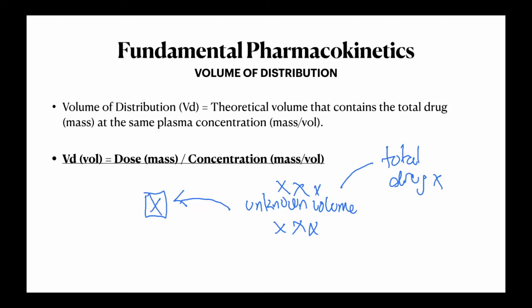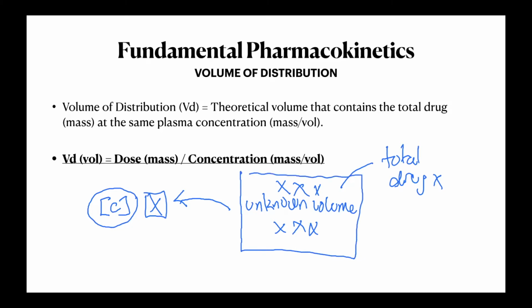After you take the sample out, you measure it, and now you've got a known concentration from here. By knowing what the concentration is from this little sample, you can calculate what this volume of distribution should be so that the concentration here with the total drug equals the concentration here. The formula that they use is dose divided by concentration.